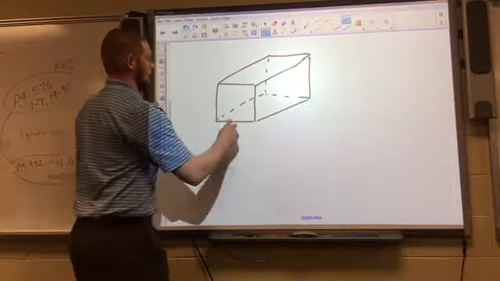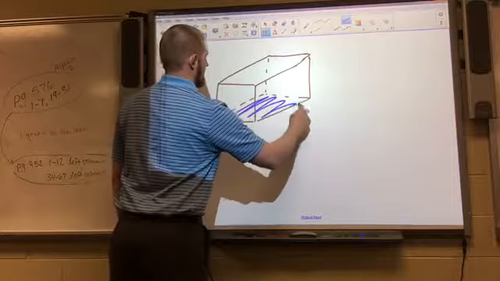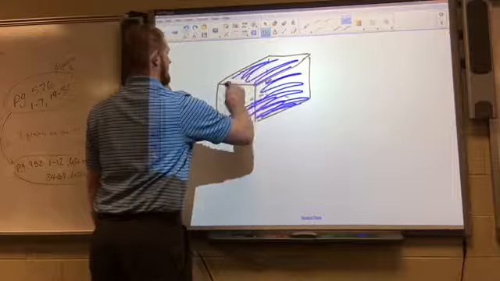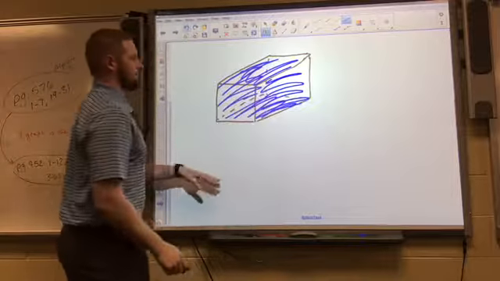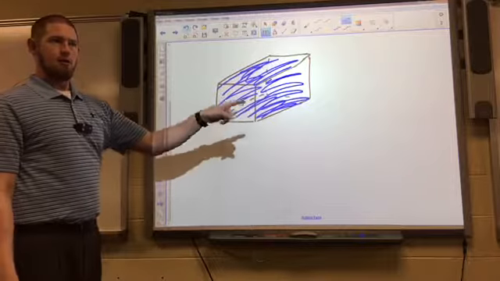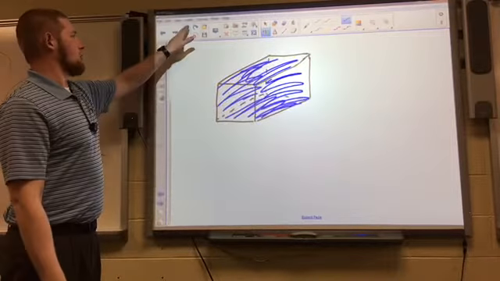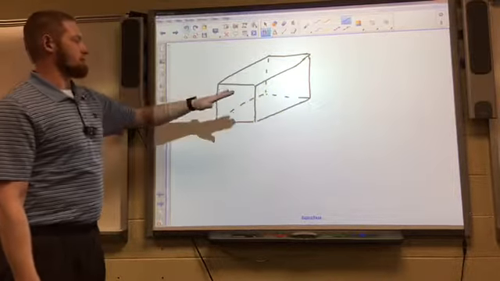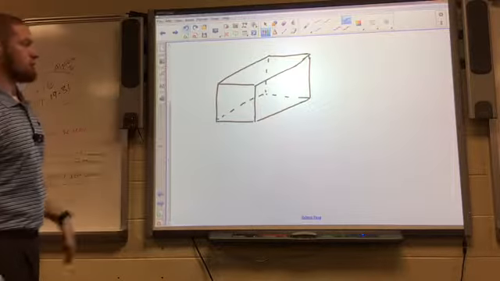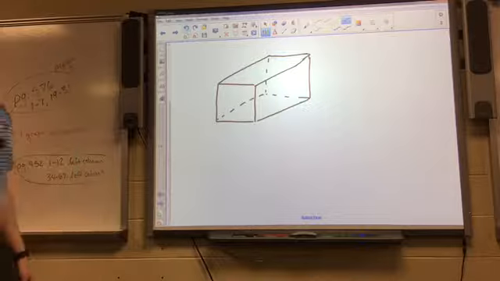And then I also have the four going around, for four more, which gives me six. You have the bottom, the top, and the two sides. So I have a total of 6 faces.